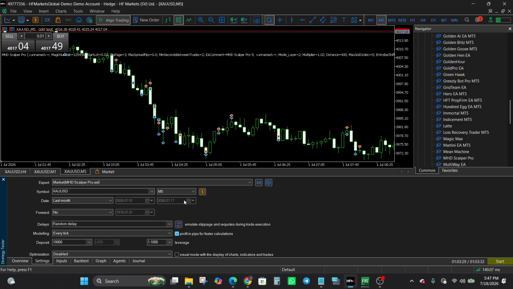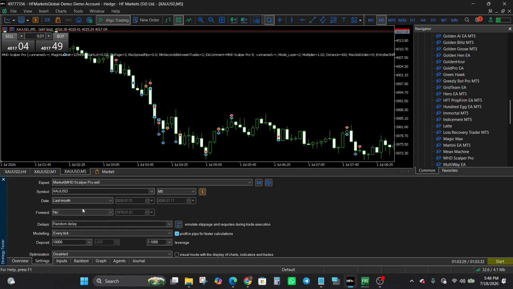And the reason for that is this backtest was taking quite a lot of time. Okay, so at your convenience, you can actually run the backtest over a longer period of time. Okay, so this duration is considerably shorter than the multi-month windows that I usually test with. So keep that in mind with everything that follows.